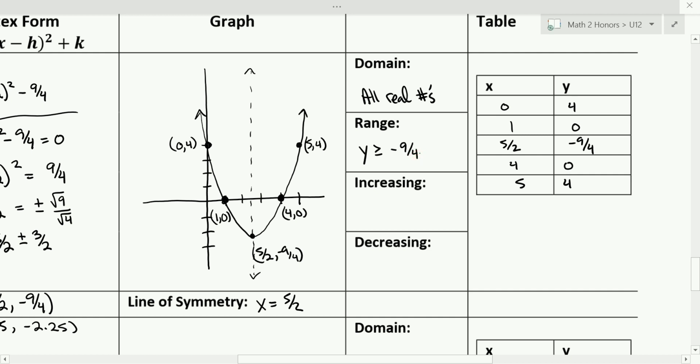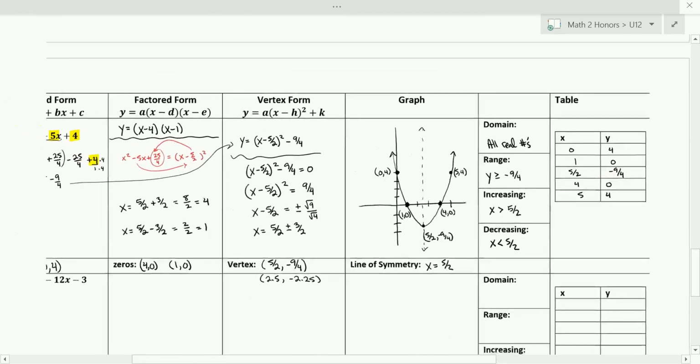Increasing where, Andrew? Okay. How would I write that? Good. And then decreasing x is less than 5 over 2. We did it.